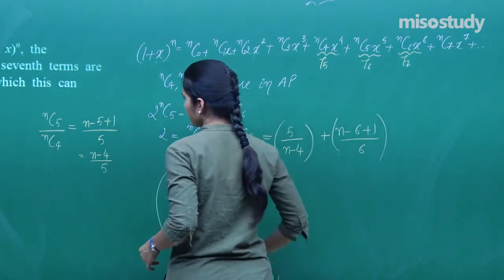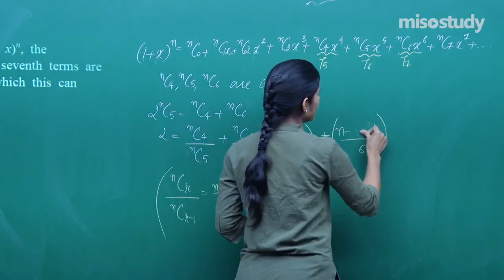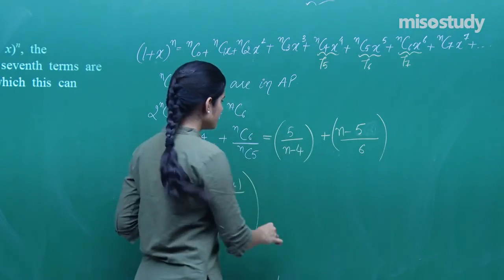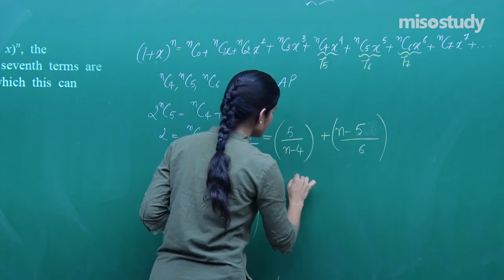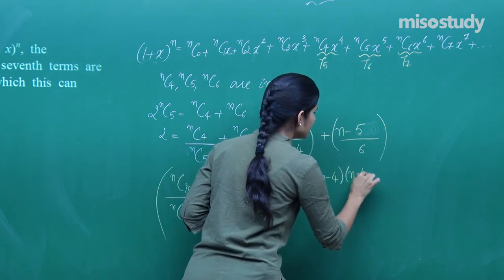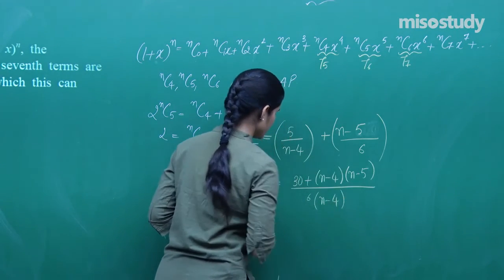And n minus 6 plus 1 is n minus 5. Now just evaluate, this is equal to 6 into 5 is 30 plus (n minus 4) into (n minus 5) whole upon 6 into (n minus 4).